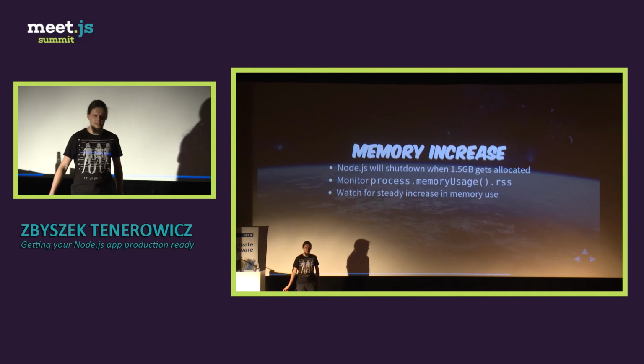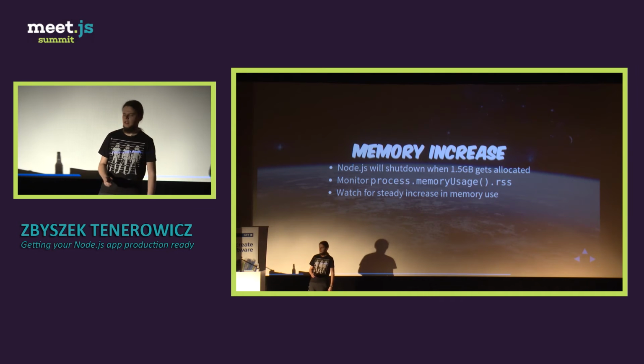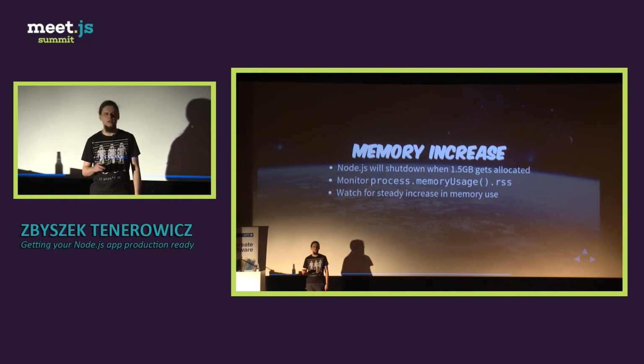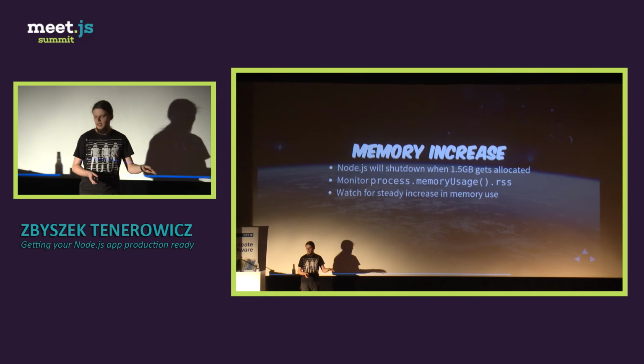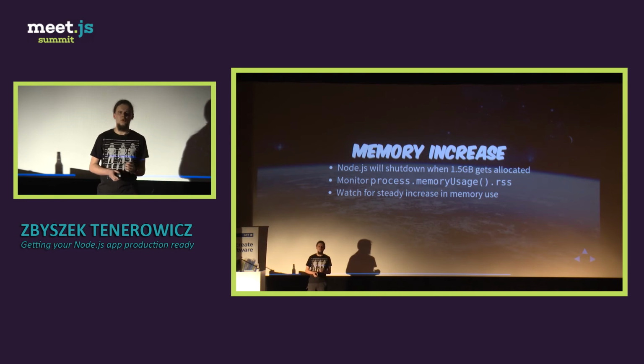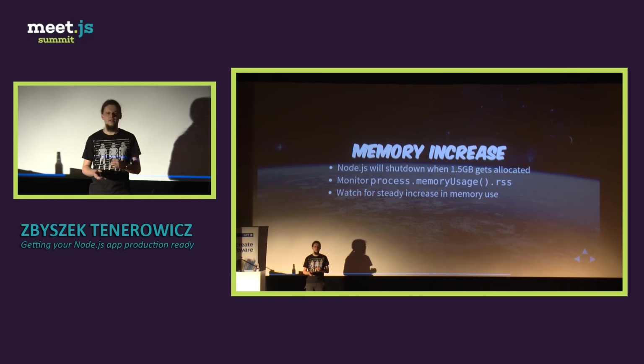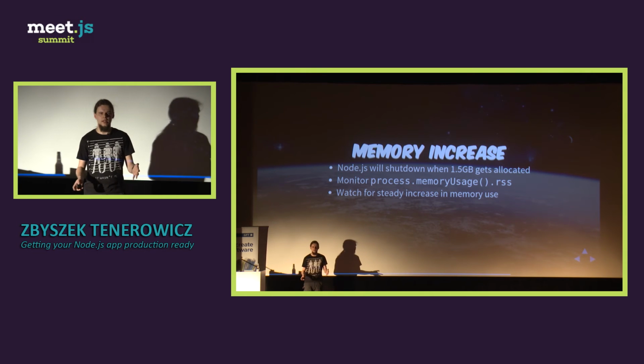Okay, and the last thing you absolutely need to look at is the increase in memory. It is possible to write an app that is not going to have memory leaks, but you still have to look at it. So in case you didn't know, Node.js has this regular JavaScript garbage collection.